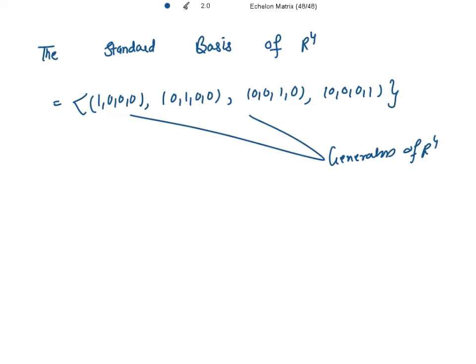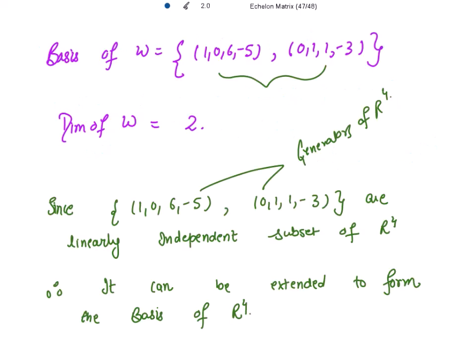So R4 is generated by now how many vectors? These 4 vectors and also these 2 vectors, right? So the complete set of 6 vectors forms the generators of R4.